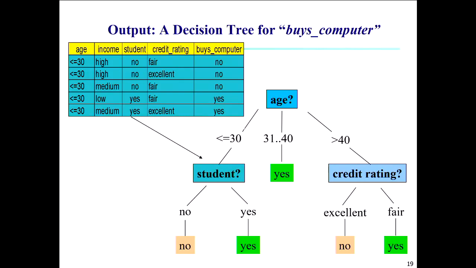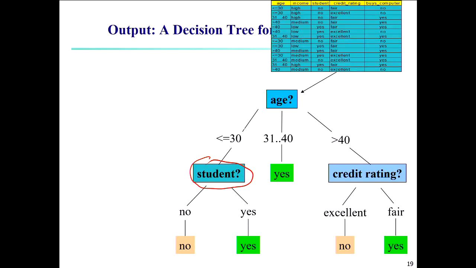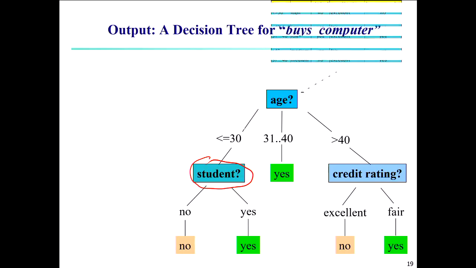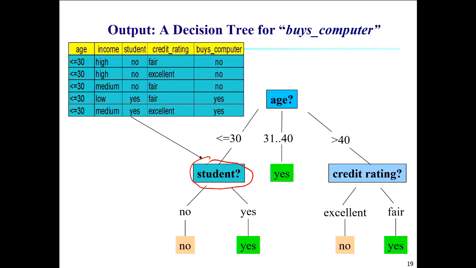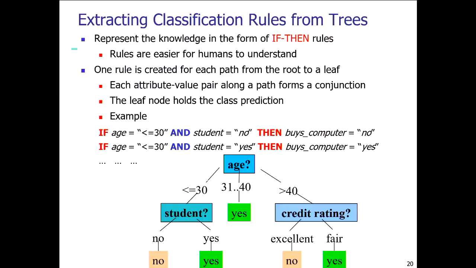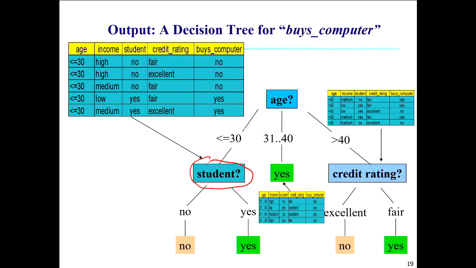For example, if the age is smaller or equal to 30, then we go here to see whether he or she is a student. Notice the previous large table is split according to different values of age into some subtables.